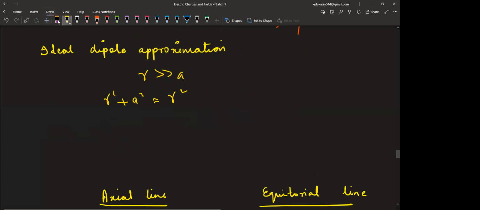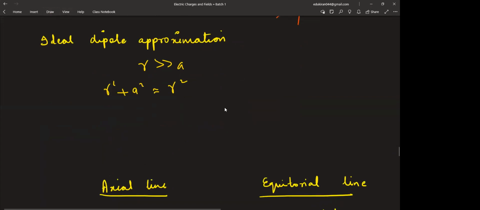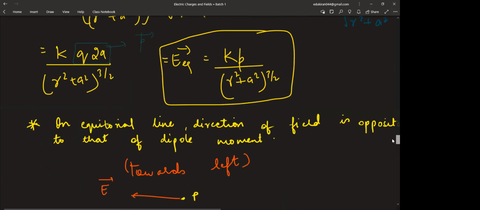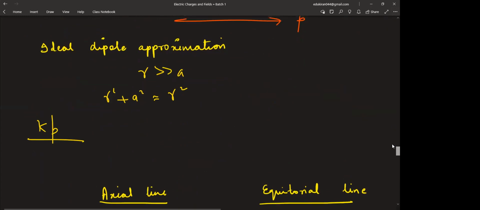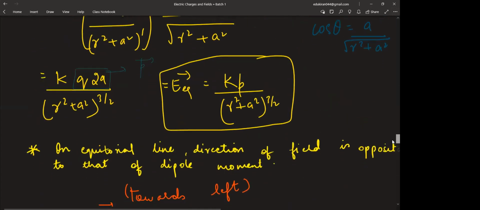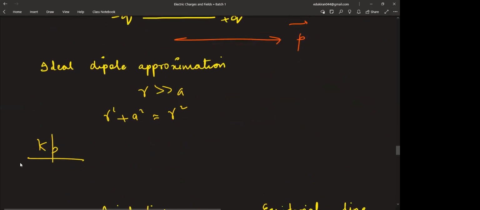Now regarding ideal dipole approximation, R is very much greater than A. So R square plus A square is almost equal to R square. Now let's see here. We have the derivation as Kp by R square plus A square to the power 3 by 2.